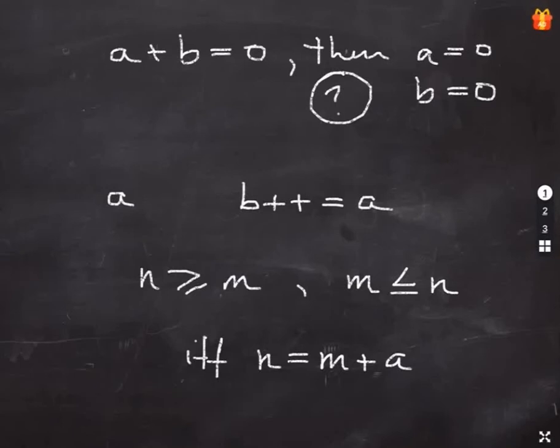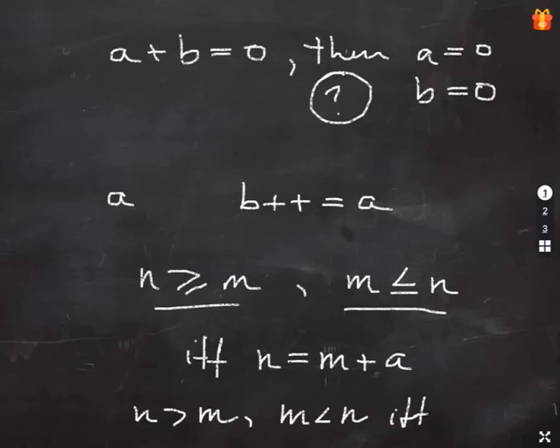Now, we say that n is strictly greater than m, and we write it like this, if and only if the previous is true and n is different than m. In this case, we say that n is strictly greater than m. And for sets, we have a very similar concept.